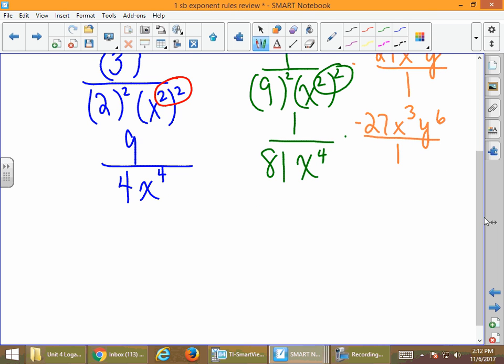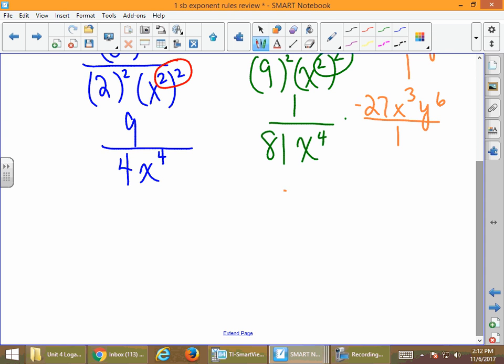When we multiply the tops of the fractions together, and we multiply the bottoms of the fractions together, what we end up with is negative 27 x cubed y to the 6th on top, because we multiplied that by 1. And in the bottom we have 81 x to the 4th.